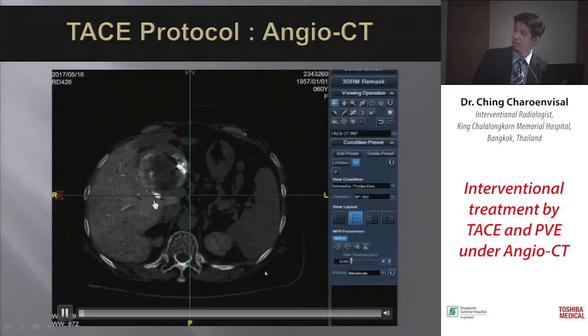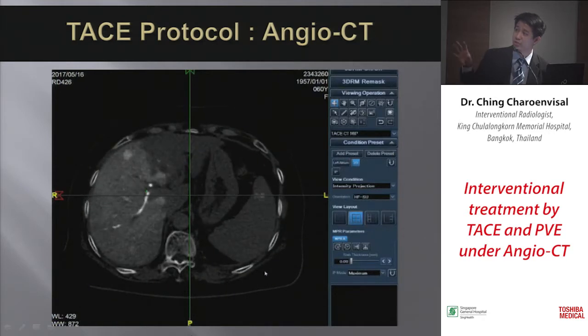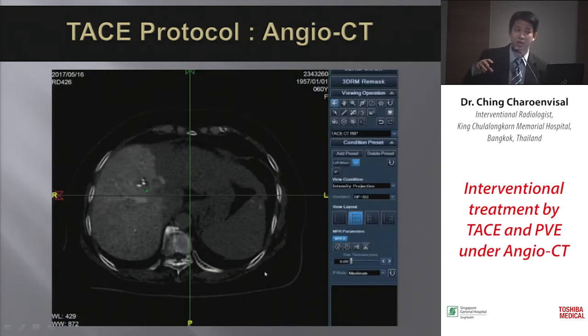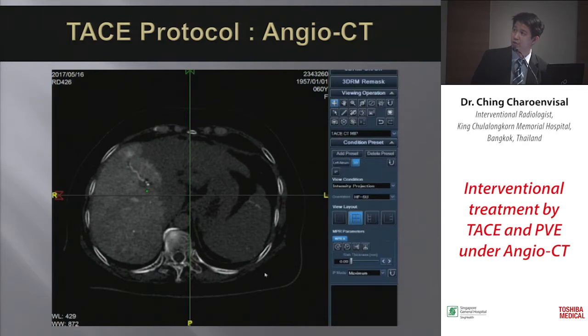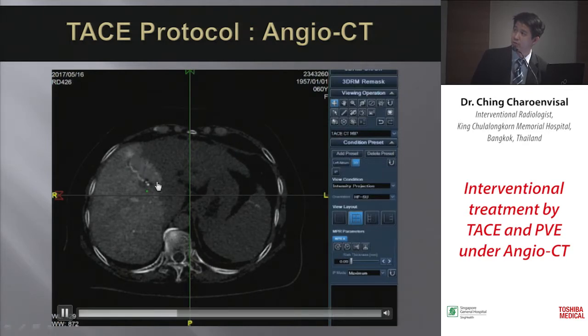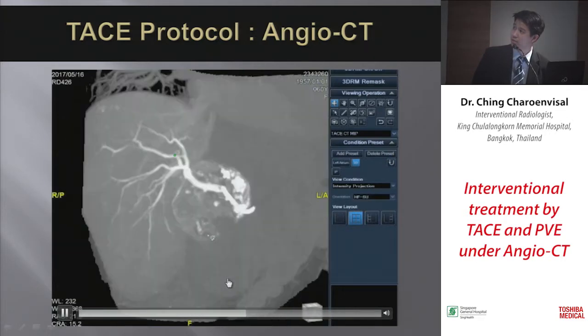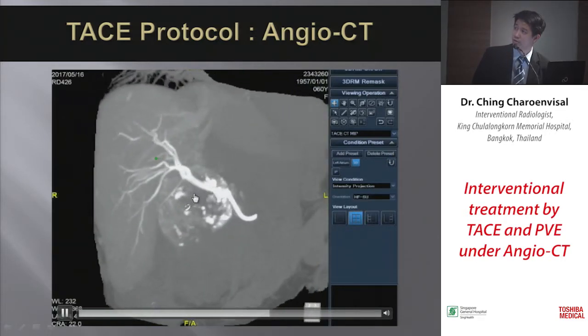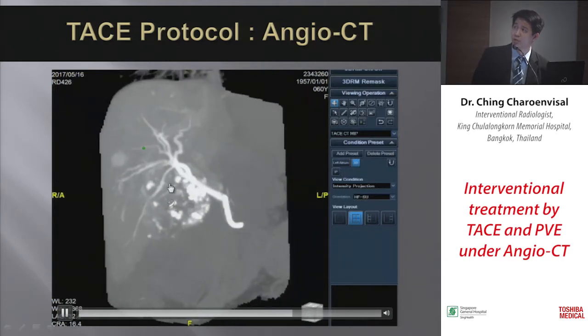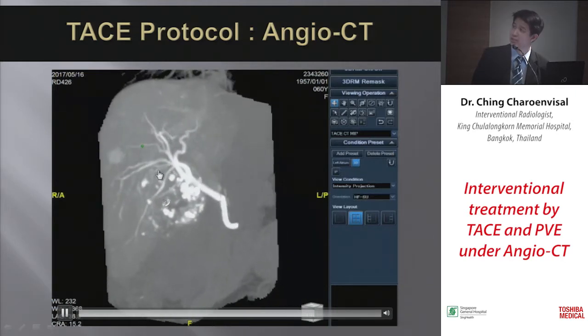This is the same case. We embolize that vessel, and then we move to another vessel that feeds another tumor here. We mark the feeding artery again, and then we move to the angle at which we can see the artery clearly.